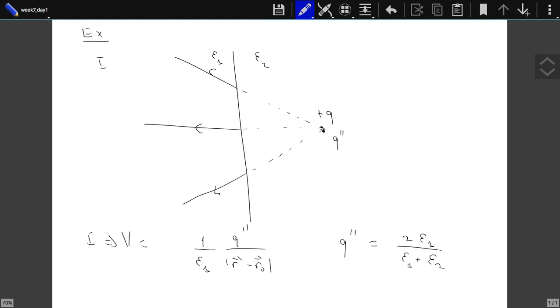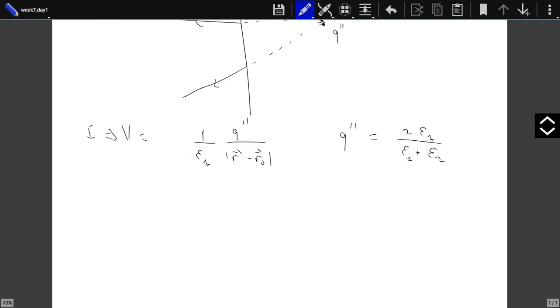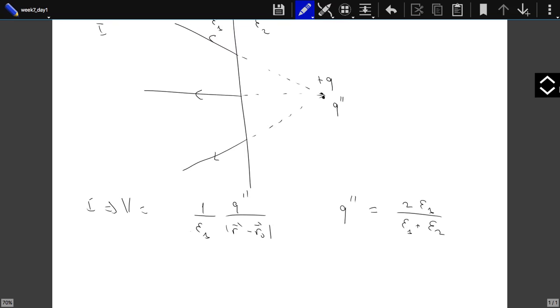So we know how the field lines should look. Whatever epsilon 1 or epsilon 2 are, as long as epsilon 1 is non-zero, they will be straight lines. This is in region 1.